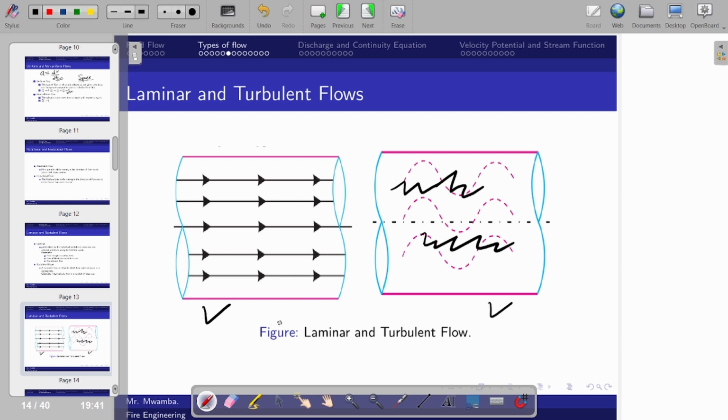Then a turbulent flow, for example, oceans usually can have turbulent flow, and even from the word turbulent, there is turbulence here.